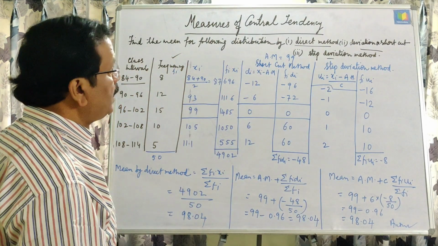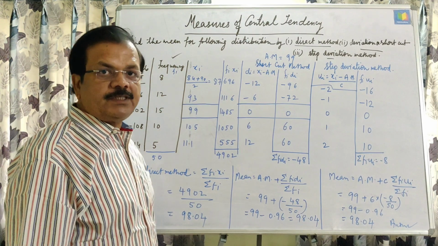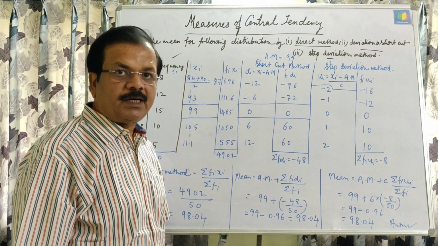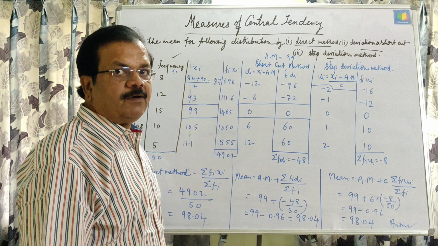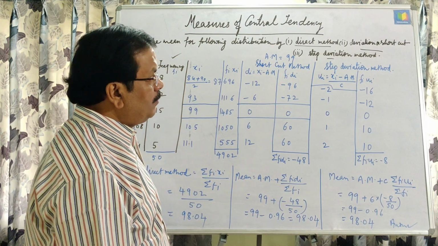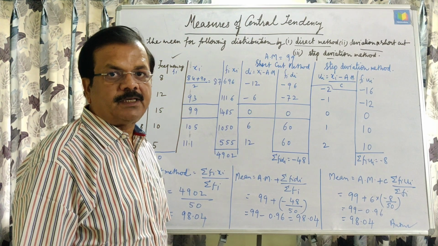If in the examination you are not told by which method to find the mean, then you are free to use any method. But if it is mentioned to find the mean by step deviation method or by shortcut method, then you are bound to use that method.